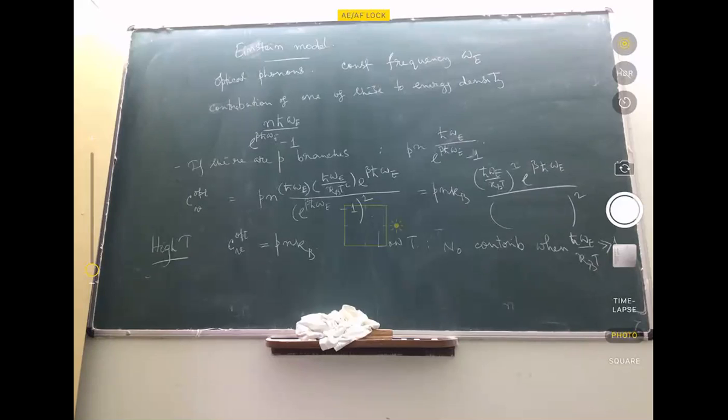Basically, let us compare the electronic contribution to the specific heat that we calculated in the Sommerfeld model, and this lattice contribution to the specific heat, and get a sense of the ratio of these two to understand which one dominates in which regime and so on.